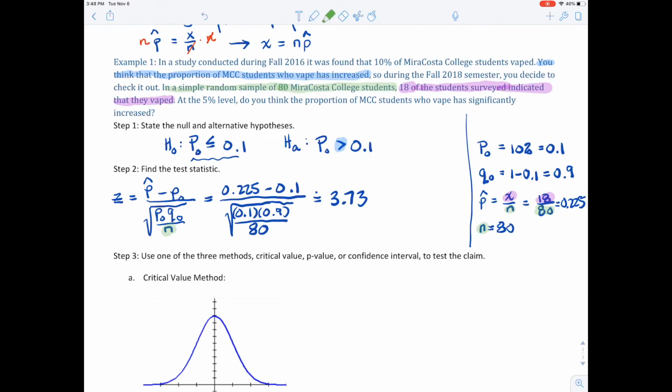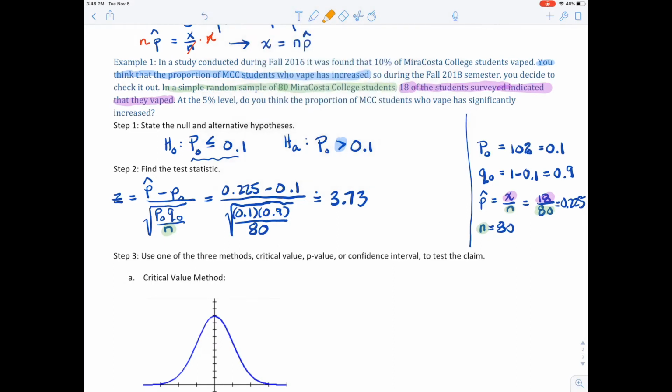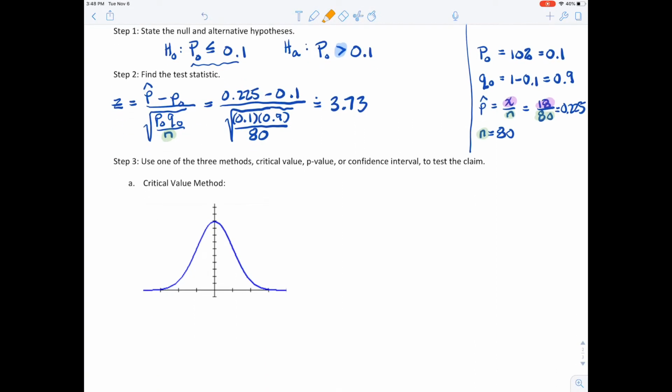It means that, good, your alpha level is 5%, so alpha is equal to 0.05, all right?